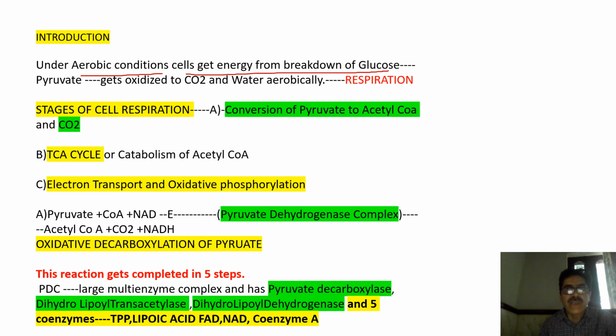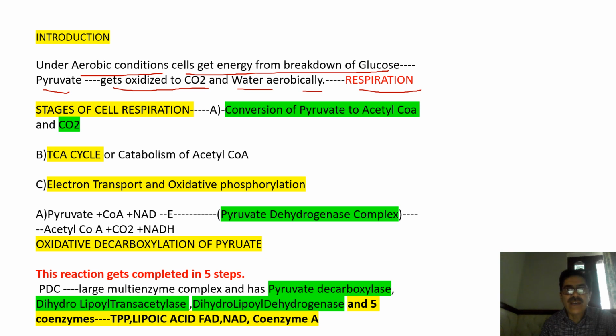Pyruvate is obtained after glycolysis of glucose under aerobic conditions. So what happens to pyruvate? Pyruvate gets oxidized to carbon dioxide and water under aerobic conditions. This is known as respiration by biochemists.